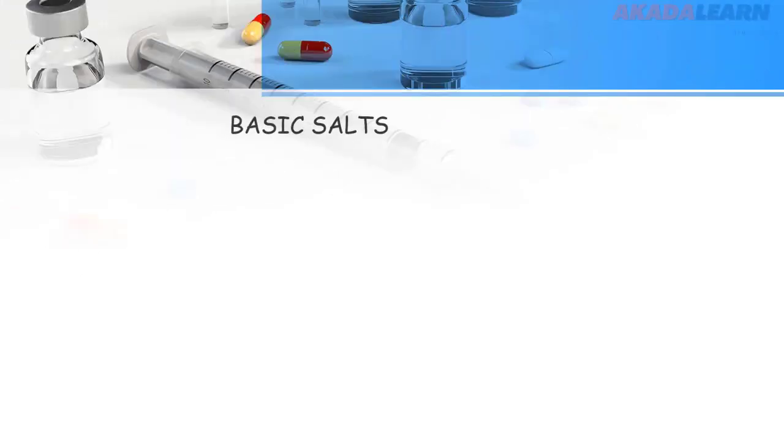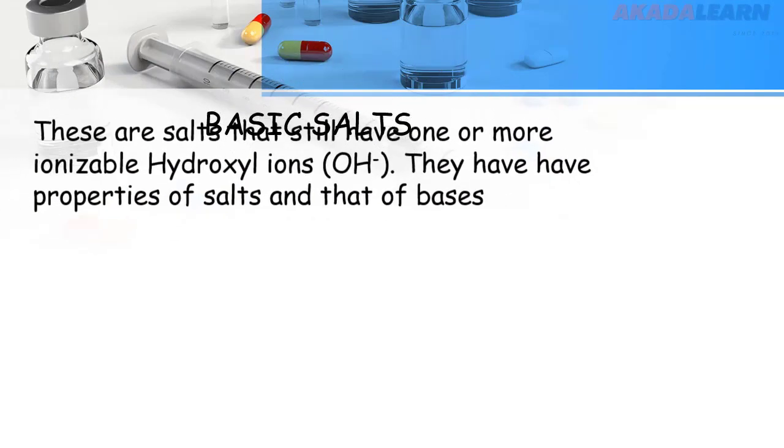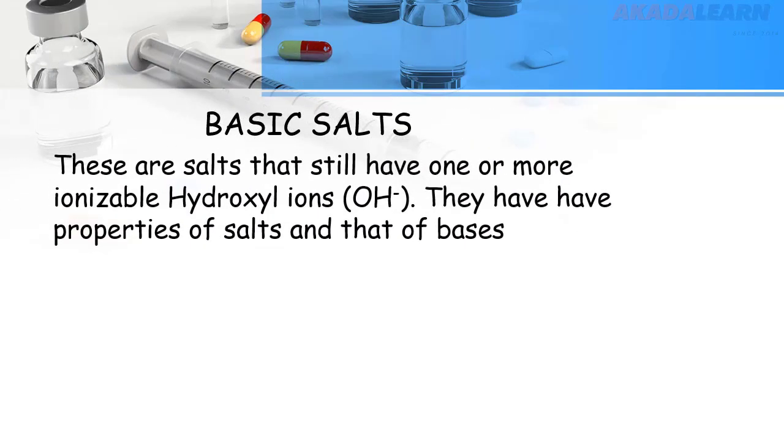Now the basic salts. These are salts that still have one or more ionizable hydroxyl ions, that is OH minus. They have properties of salts and that of bases. Now, a good example is what you are seeing on your screen.